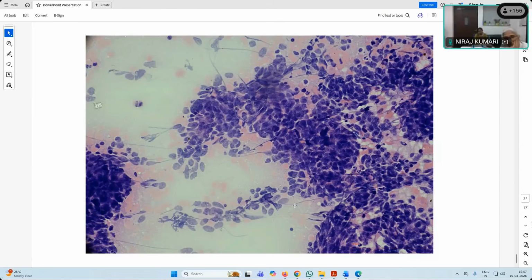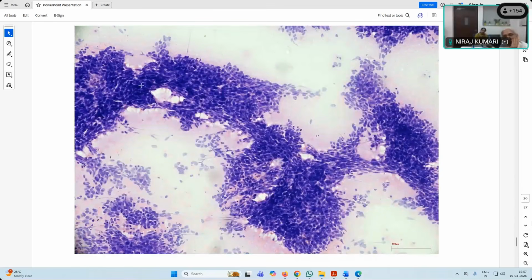Is it coarse granular, fine granular, vesicular, clumped? Granular, salt and pepper like. Good. So it is very fine. If you see the individual chromatin, you can see fine granular salt and pepper kind of chromatin. And all the cells look more or less of similar morphology.